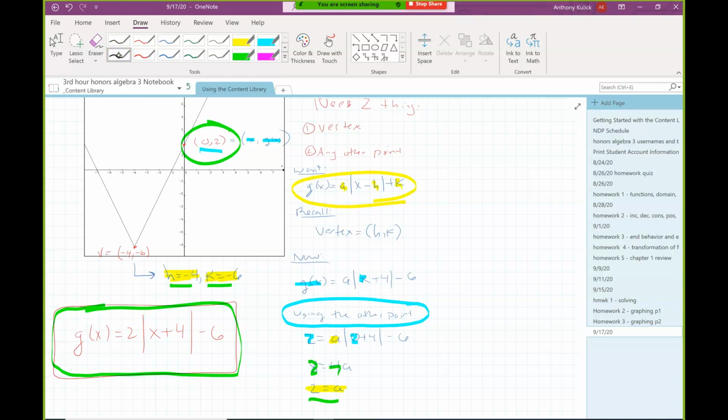So this process hopefully looks or feels somewhat familiar. It's the same skill. You're modeling in both cases. The difference is that one is a linear function, one is an absolute value function. So the mechanics change a little bit, but it's the same idea.